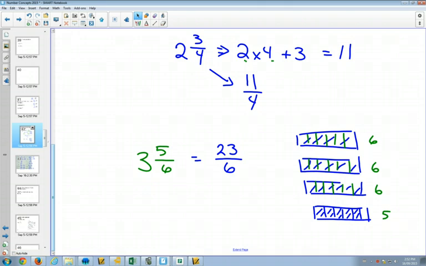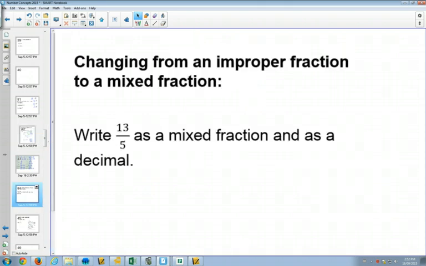What would happen if I started with an improper fraction and had to change it to a mixed fraction? So if I have 13/5, how can I write that as a mixed fraction?